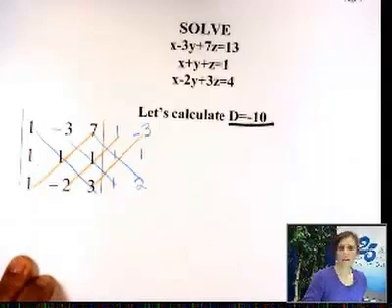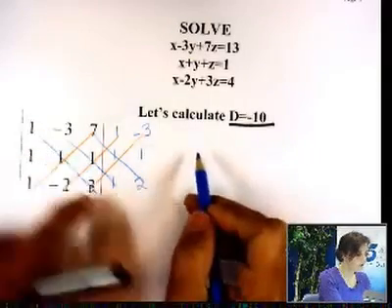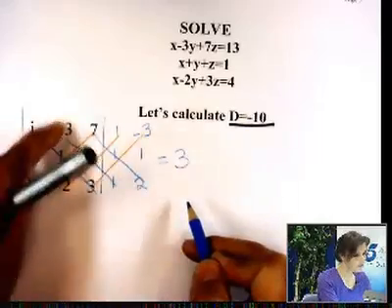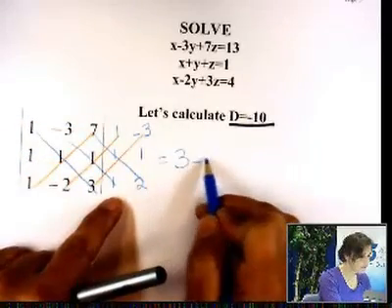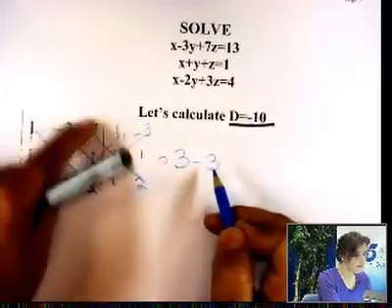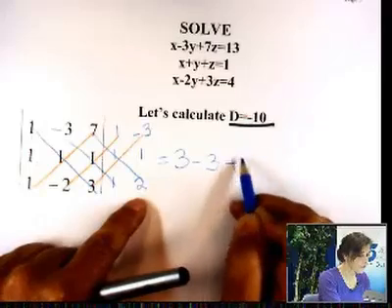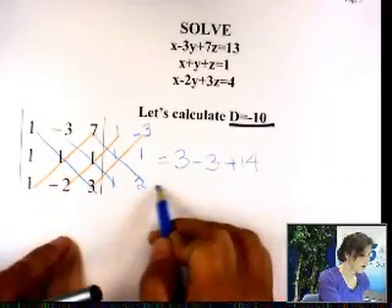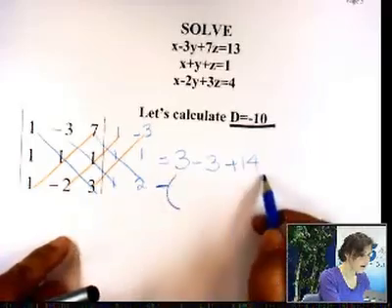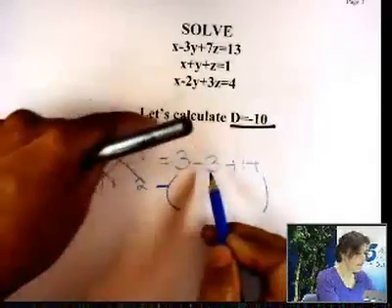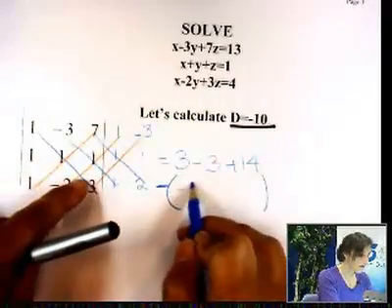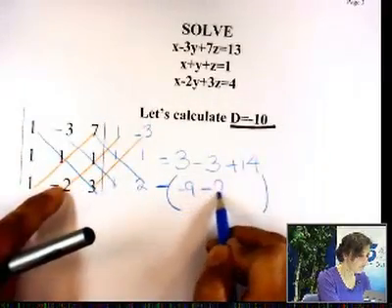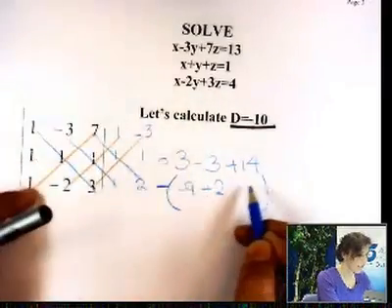All right. So 1, 1, 3, that's 3. Negative 3, 1, 1, that's negative 3. 7, 1, 2, that's 14. Minus negative 3, 1, 3, that's negative 9. 1, 1, negative 2, that's negative 2. 7, 1, 1, that's 7.